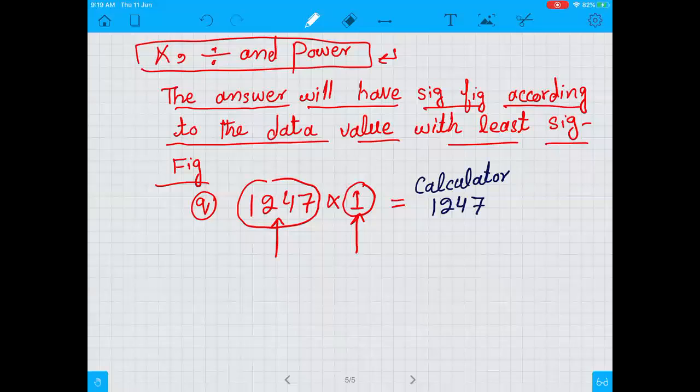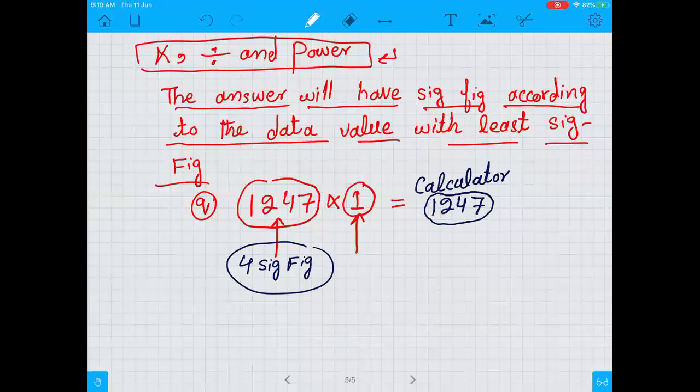But the problem is that the calculator has no idea about significant figures. You have to decide the significant figures. 1247 has 4 significant figures.